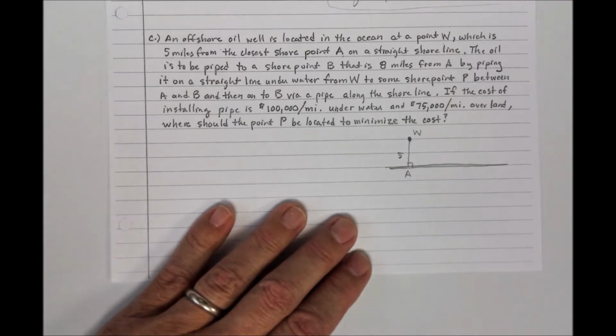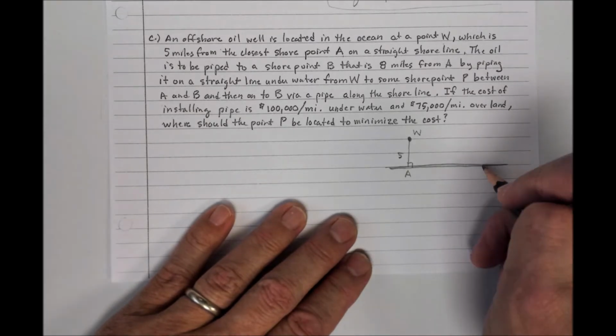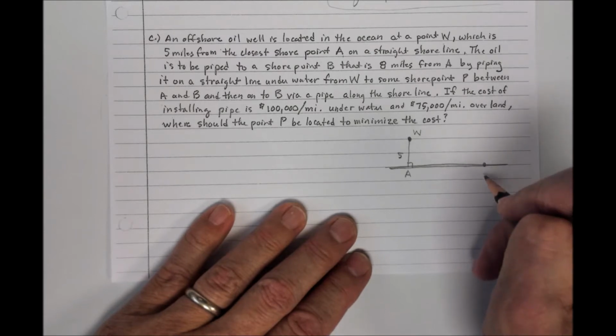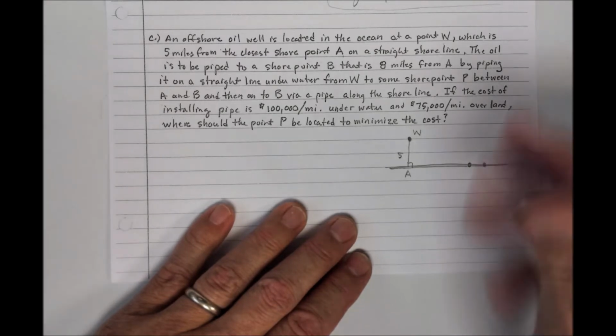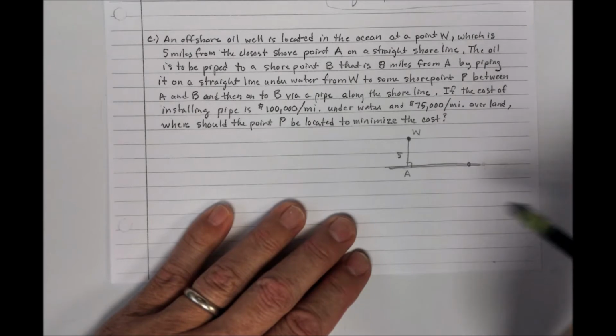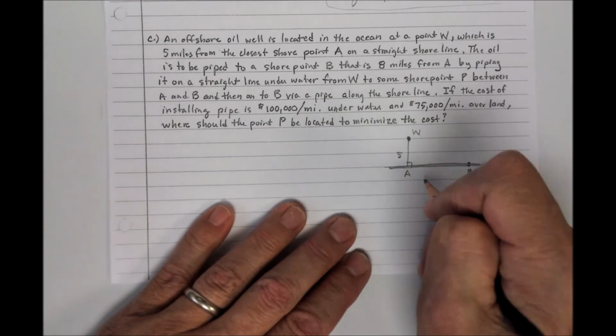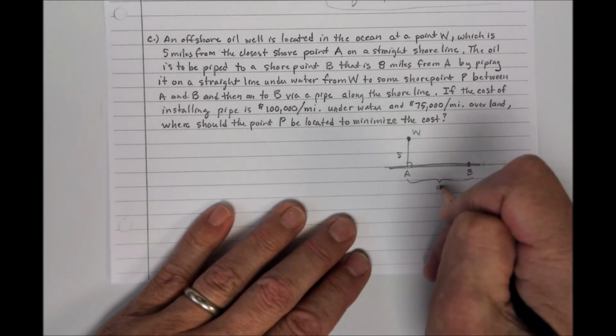Now, it's to be piped to shore point B, which is 8 miles from A. So we'll put B over here. This is not really drawn to scale, so we'll move it a little closer so it looks more to scale. And this distance here is 8 miles.